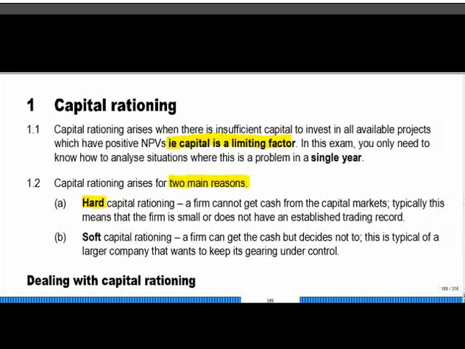Or it can even be the case for large established companies that a division can't get all of the capital expenditure that they want because the group is trying to keep its gearing under control and doesn't want to take on too many projects at once, and therefore introduces artificial internal capital limits. So with soft capital rationing, you can get the cash, but you've decided not to. In either case, we have to be able to manage capital rationing effectively.